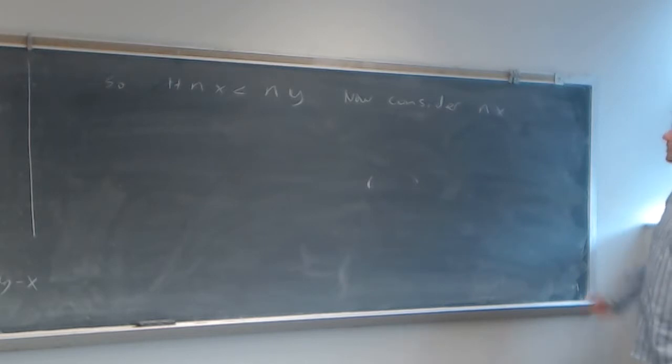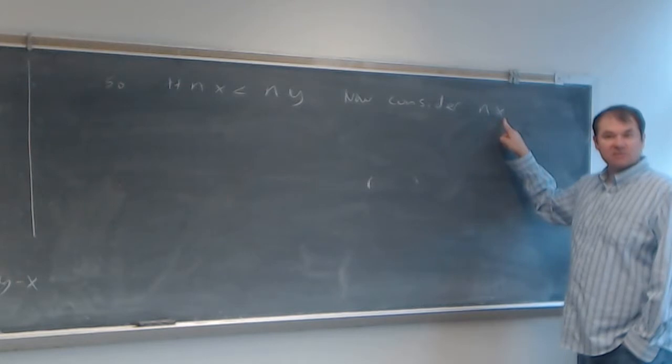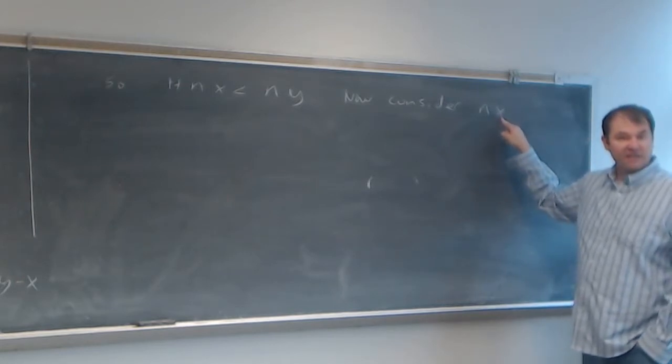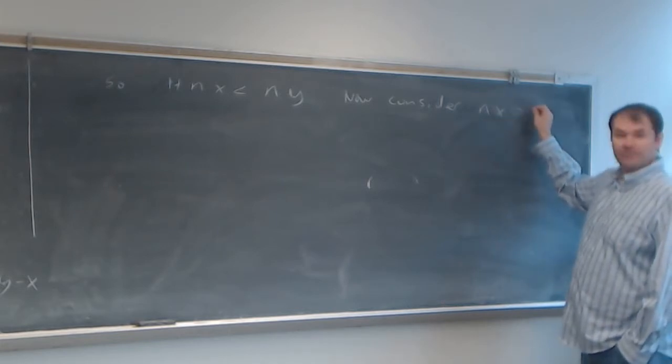That's a number. n times x is a number. We said x was what kind of number? Positive in this case. And n is positive. So you take two positive numbers and multiply them together. What do you know? So that means it's greater than?